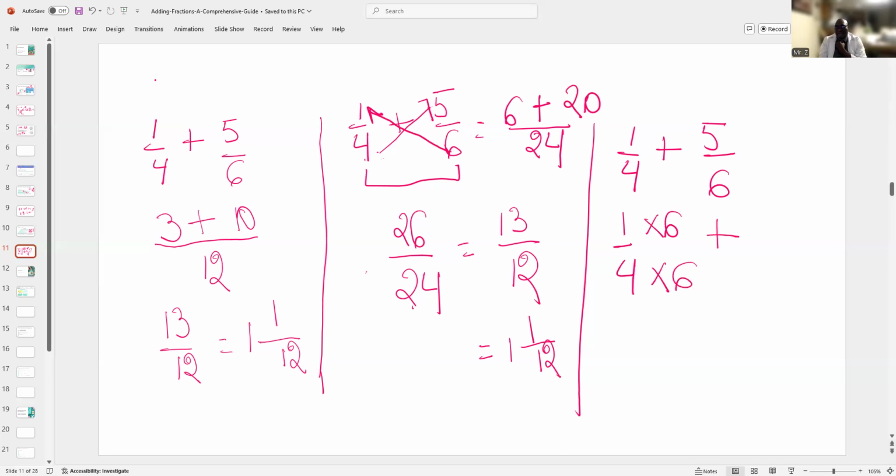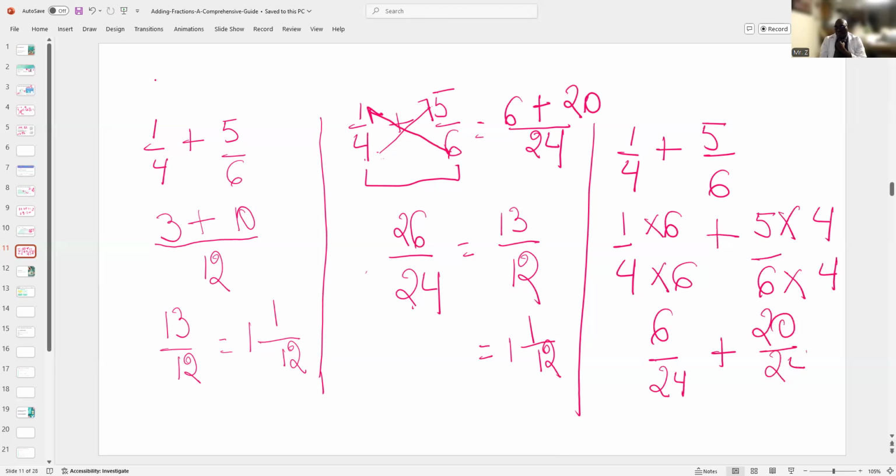Now I have 5 over 6. I'm going to multiply that one by the denominator of the first fraction, which is 4, top and bottom. Then I got 6 over 24 plus 20 over 24. We learned they have the same denominator, so you're just going to add the top number.